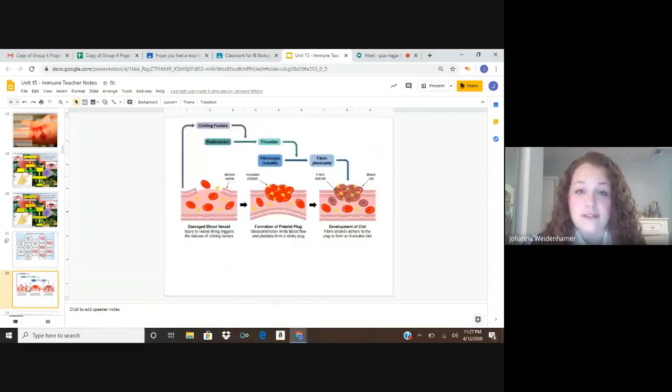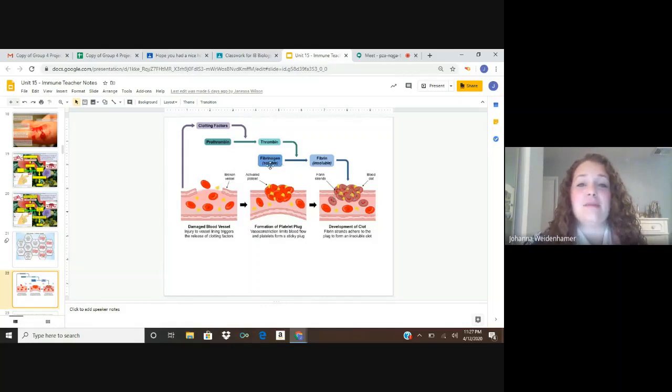So now, having paused and taken a look at those pictures from the other slide, we're going to come here and just do a general overview once again. So if we have a damaged blood vessel or a wound, a cut in your hand, that injury to the vessel lining triggers the release of clotting factors. And that clotting factor is going to stimulate thrombin, which is going to stimulate what to become what?